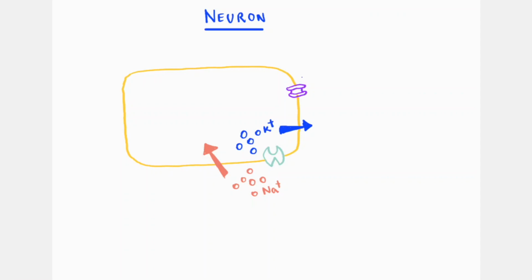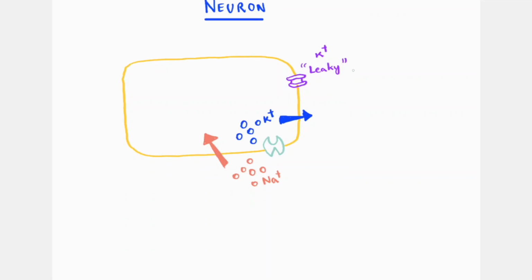It's a leaky channel. This is where the leaky channel comes into play. And this is a potassium leaky channel. It leaks potassium ions.